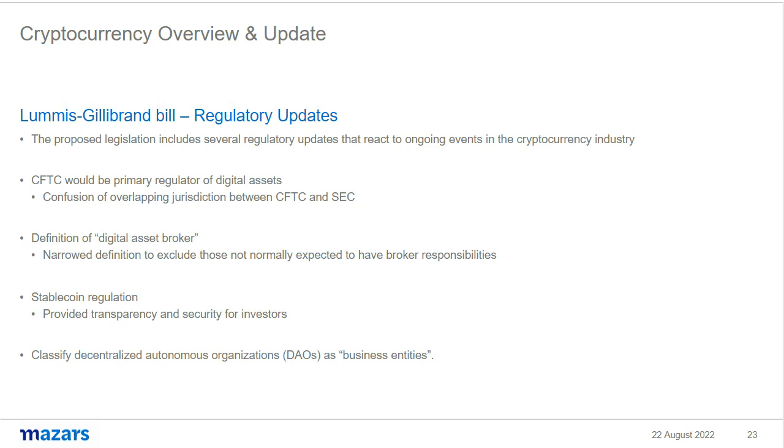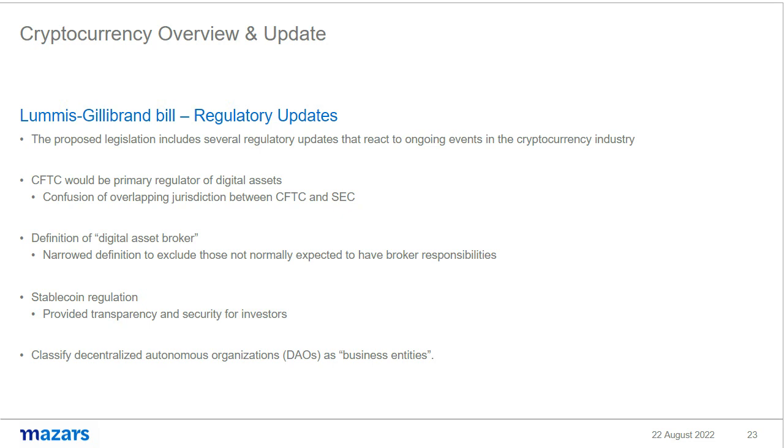Last thing I want to note is the bill creates a default tax classification of a business entity for decentralized autonomous organizations, or DAOs. Currently, DAOs can operate without formally registering with a state or adopting a legal entity status such as an LLC or a corporation.